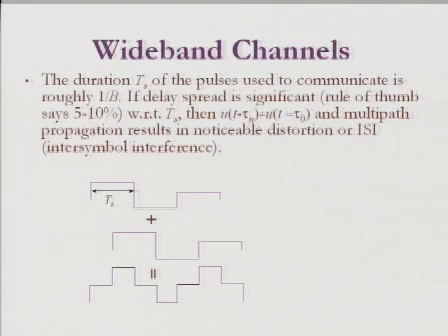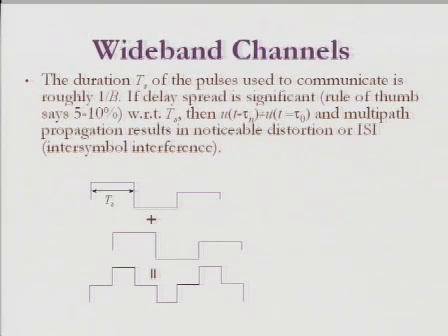Now we add these up and we get something like this. I did this by hand, but it's pretty much what you would get. As you can see, the shape is completely different from the shape of the original pulse. The information that was here is still here, but it's highly distorted. That's what's going to happen in wideband channels.